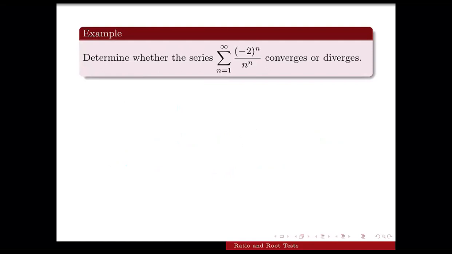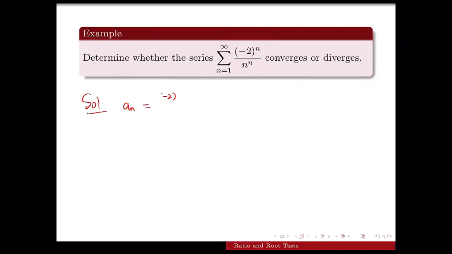Next, determine whether the series negative 2 to the n over n to the n converges or diverges. So again, you have this expression, it has power n. This expression also has power n, so we can use root test. So in here, you have a sub n.